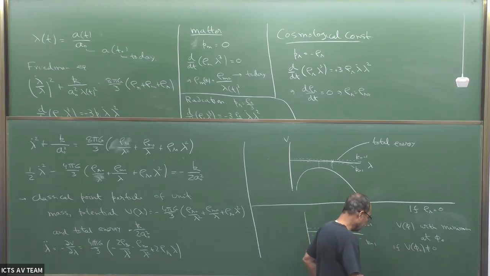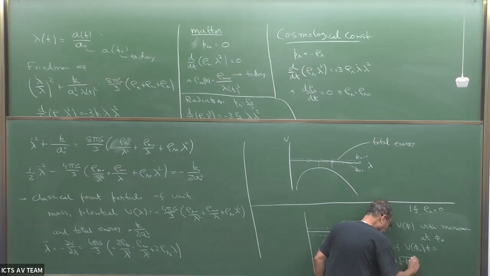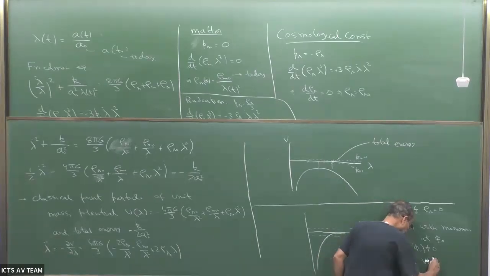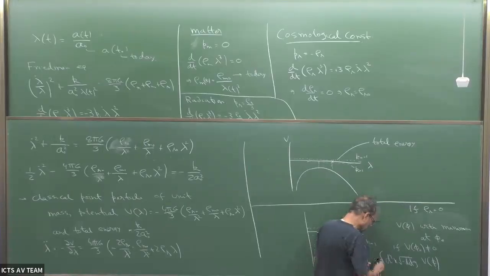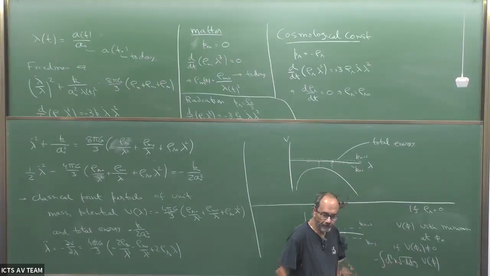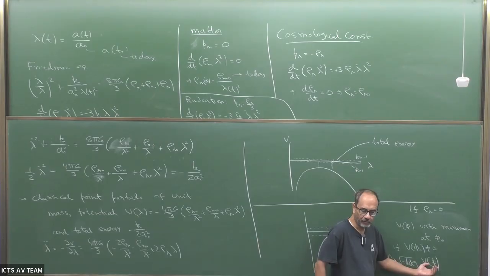Because if you remember the term in the Lagrangian, integral d4x square root of minus determinant g, there are kinetic terms, but the potential term comes like this, with a minus sign. So if V of phi naught is non-zero, this acts as a cosmological constant. So that's the explanation.